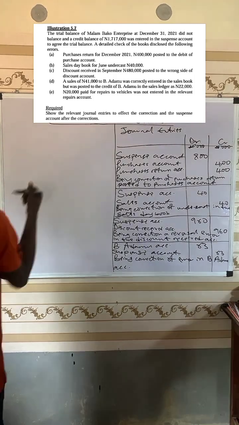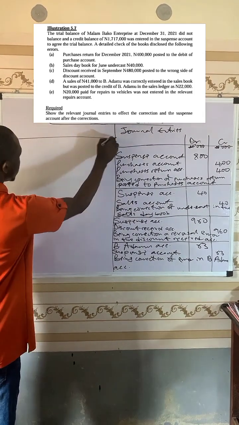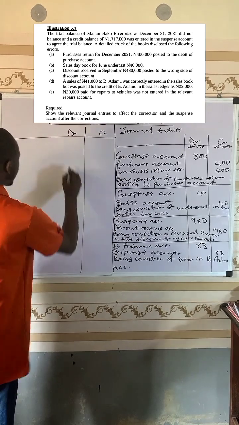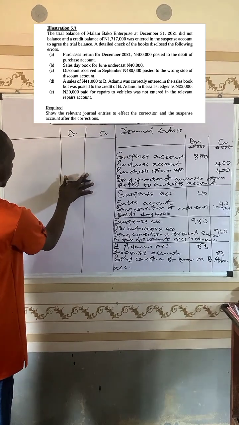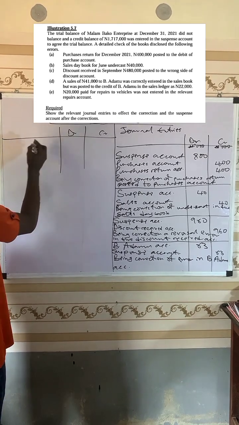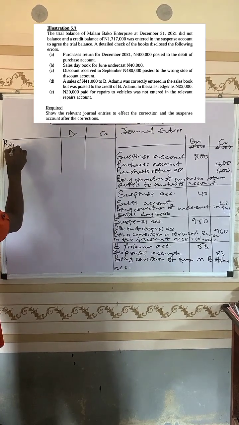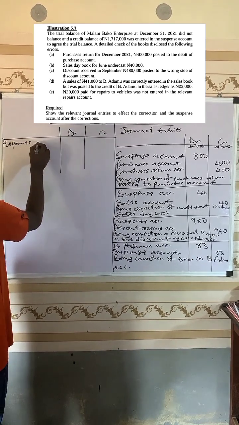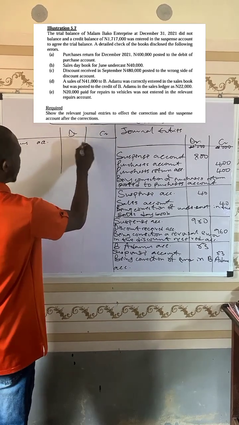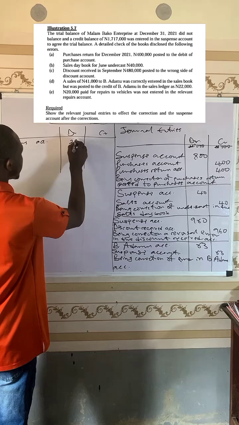So we'll be debiting our repairs account, debit, credit. Repairs account. We are debiting it with 20,000.